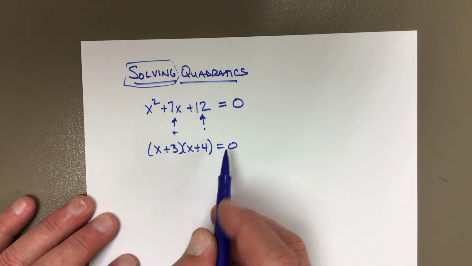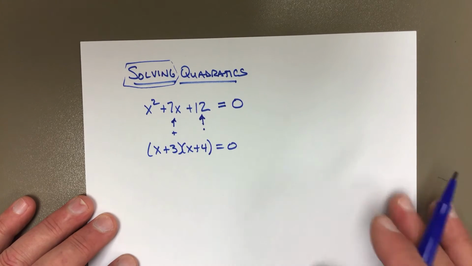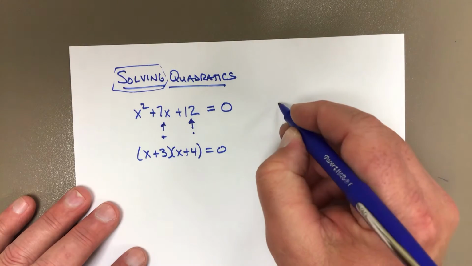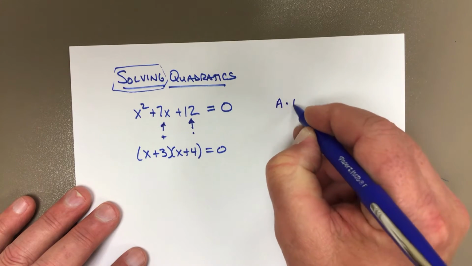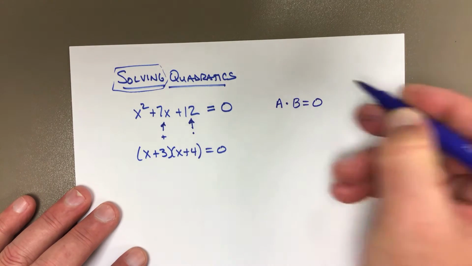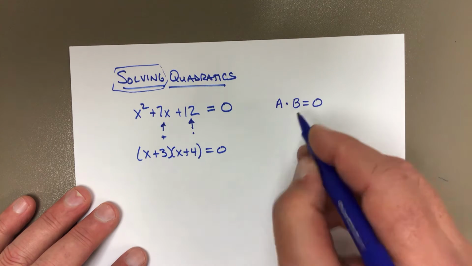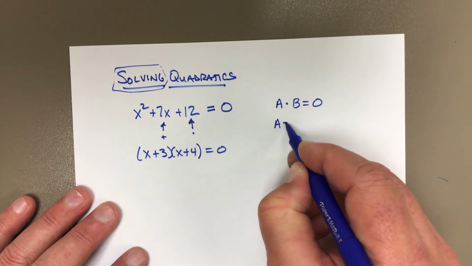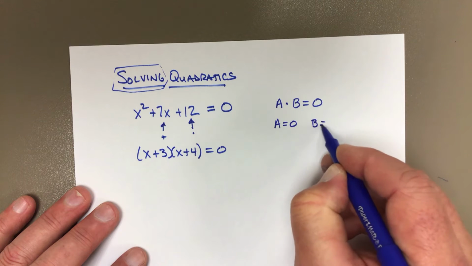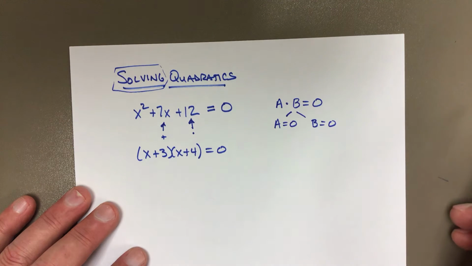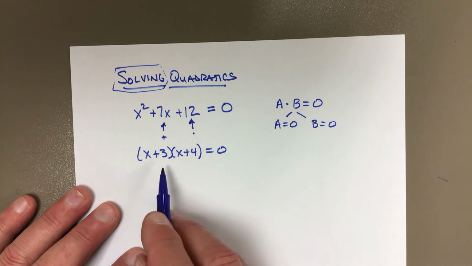So we have to remember the zero property rule here, right? That just means that if we have a times b is equal to 0, then either a is 0 or b is 0, which means that we're just going to have to separate these things.